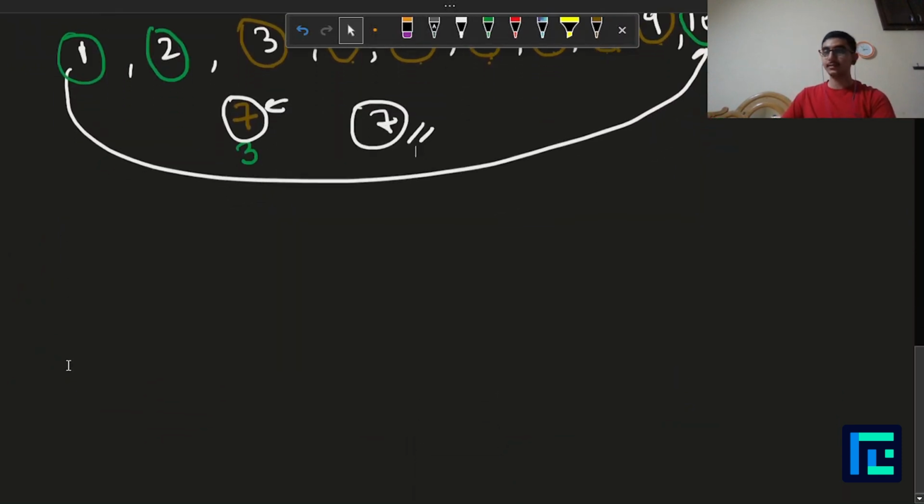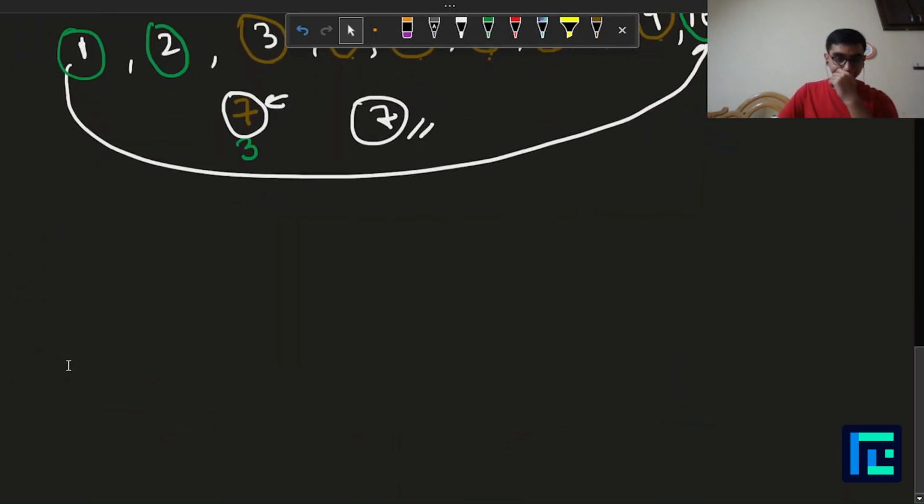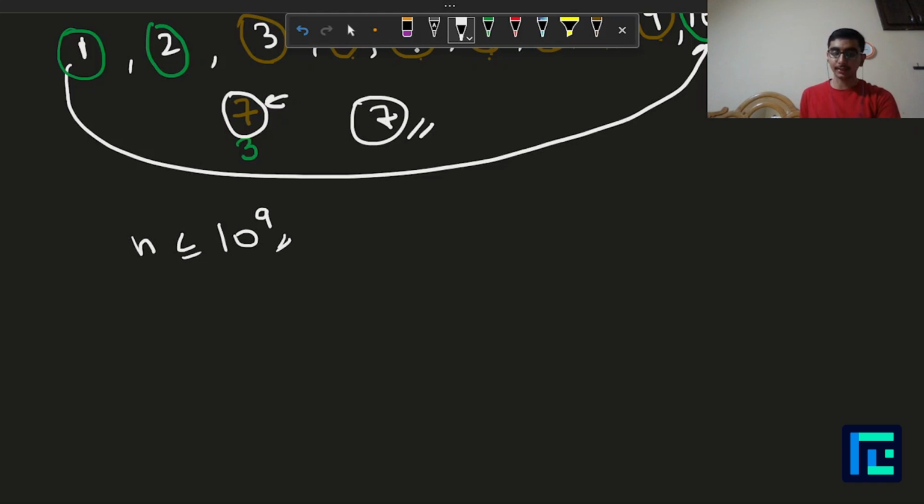Now let's discuss the expected time complexity. So one interesting thing about this question is that n can go up to 10 power 9 for every test case, right? And also it does not have any bound over all test cases.